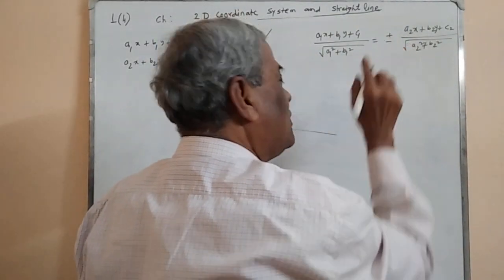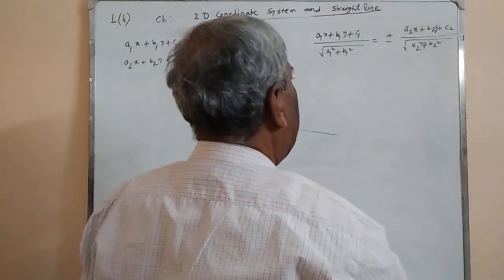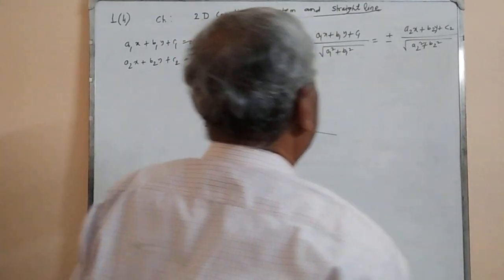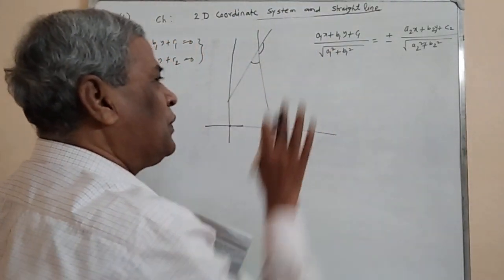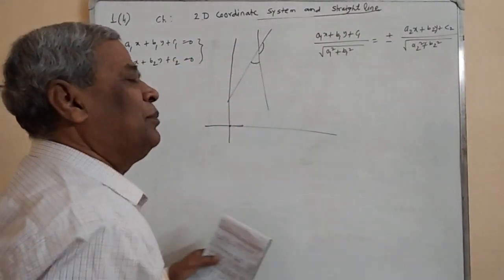So plus sign will give one equation of bisector and minus sign will give another equation of bisector. So this is number one, the equations of two bisectors between this and that.